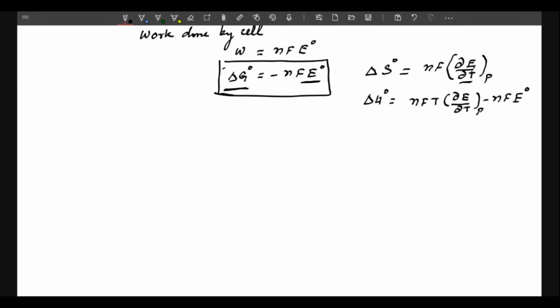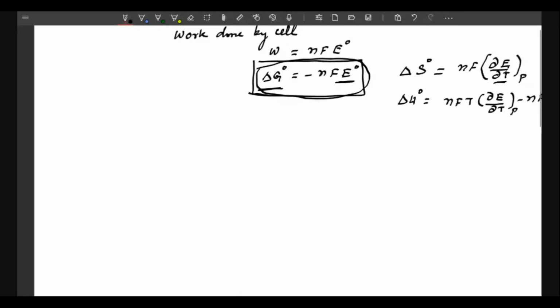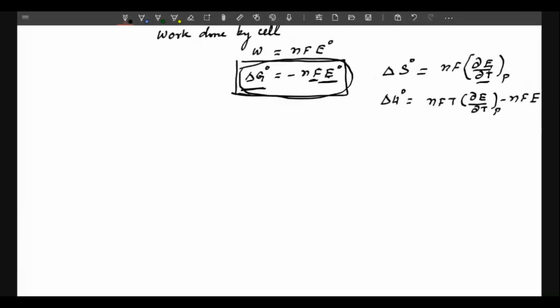First we will analyze the formula delta G naught is equal to minus nFE naught. What are the possible problems that may be asked in making use of this equation? E naught is a variable and F, Faraday, is a constant. n, the total number of electrons involved in the electrochemical reaction, depends upon the reaction and goes on changing.